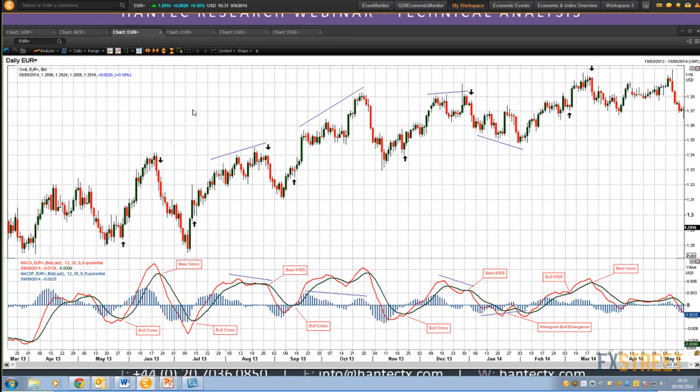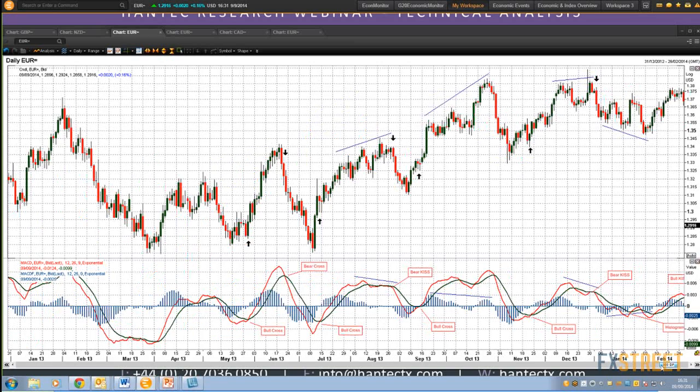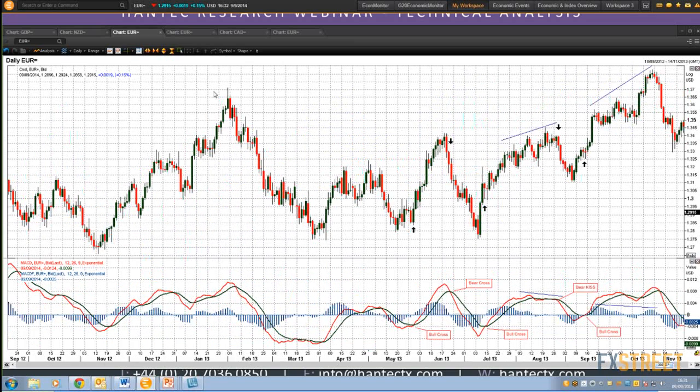Now, in terms of a macro trend, the trend in the EUR/USD at the time was fairly sideways.